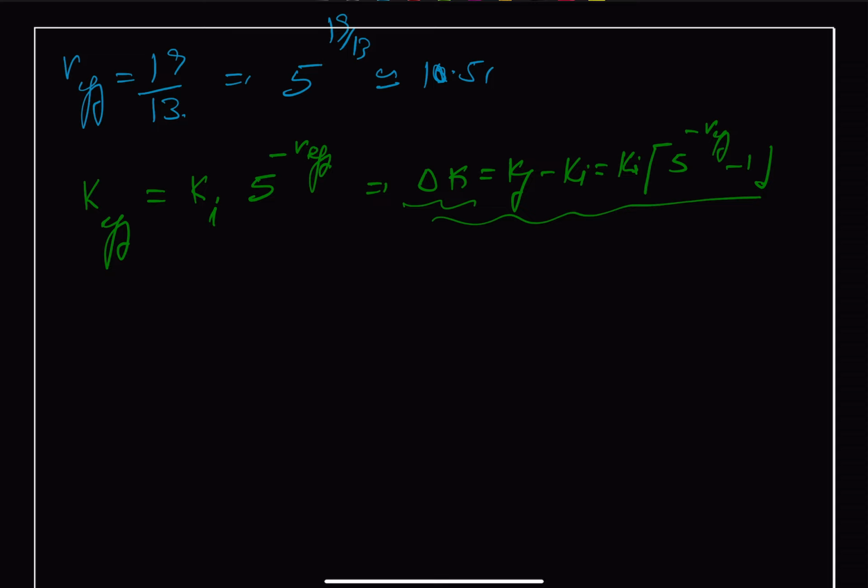Okay, we can just put it like this. So we can say our kf upon ki will be equal to 1 upon 10.51, which is approximately equal to 0.0951.